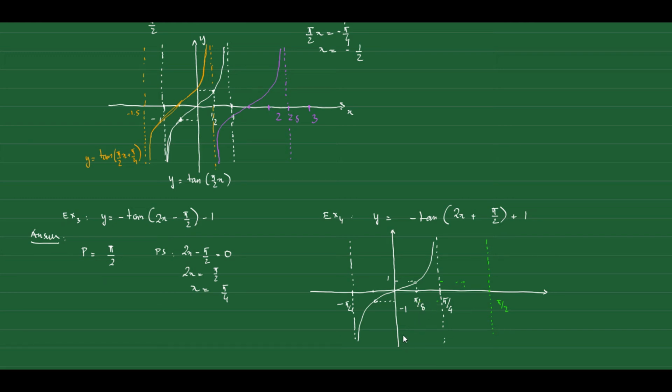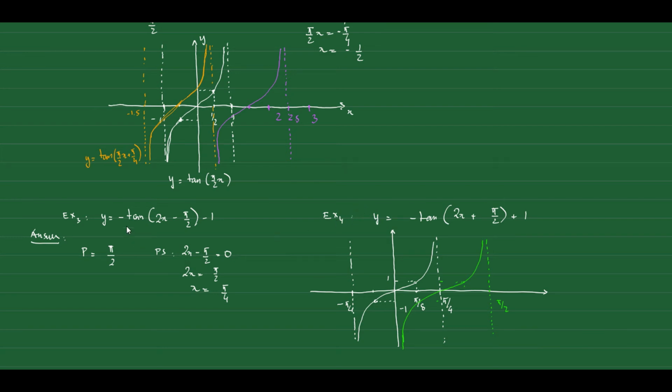So we move everything all the way to the right, pi over 4 units, which gives you pi over 2 as the vertical asymptote.